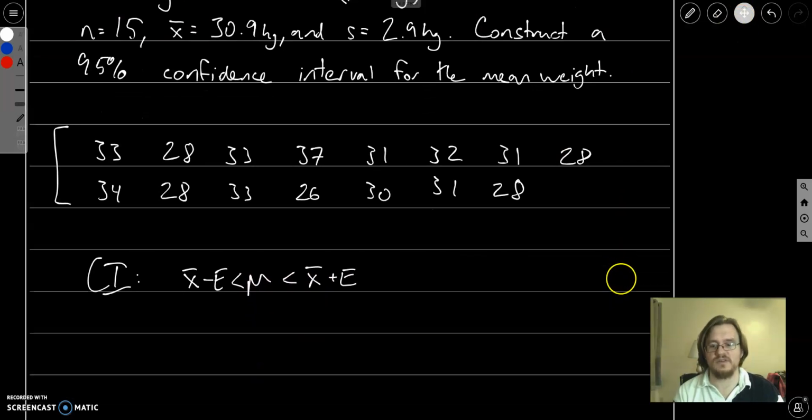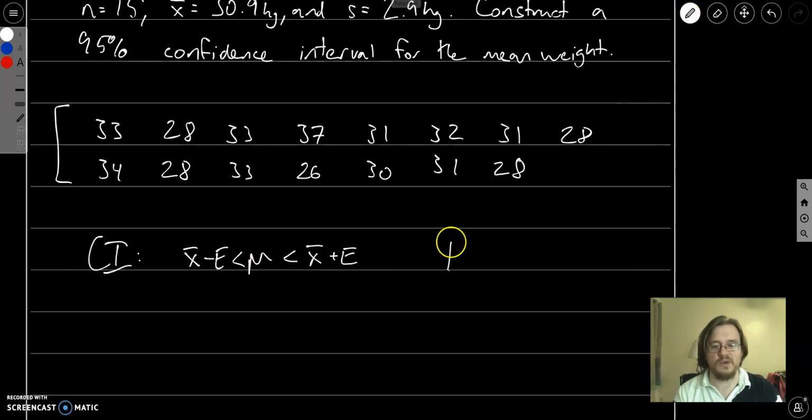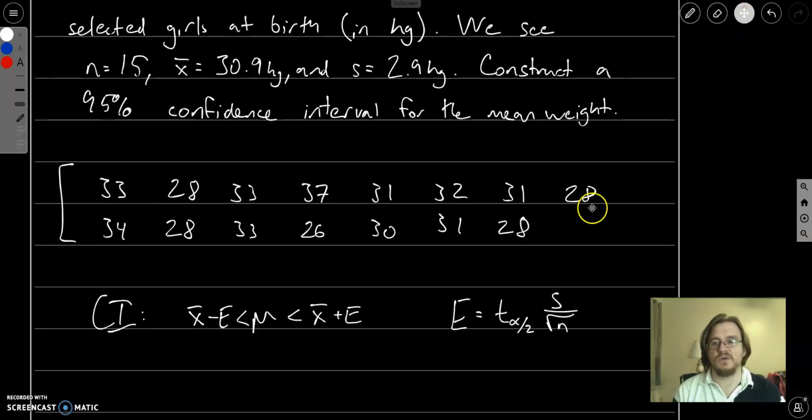To do this, we will need to know what our error is, and the error in this case is going to be t sub alpha over 2 times the standard deviation divided by the square root of our sample size n.